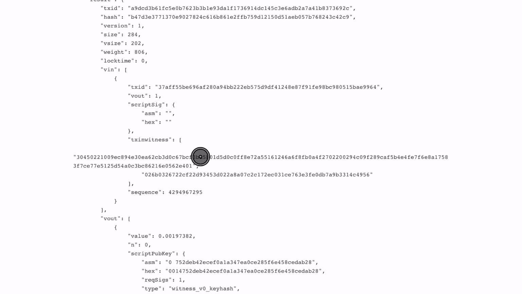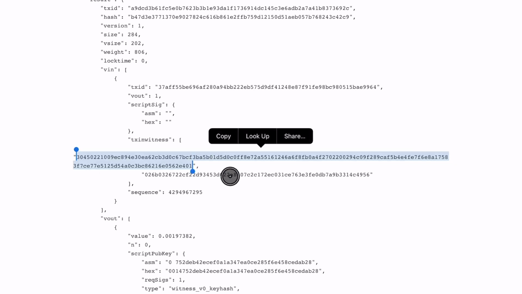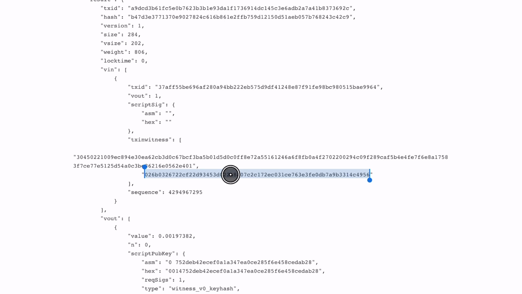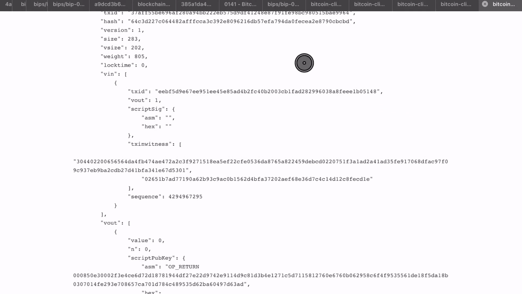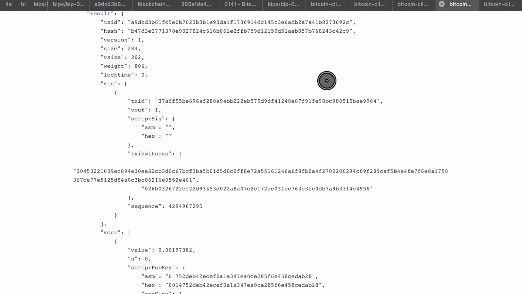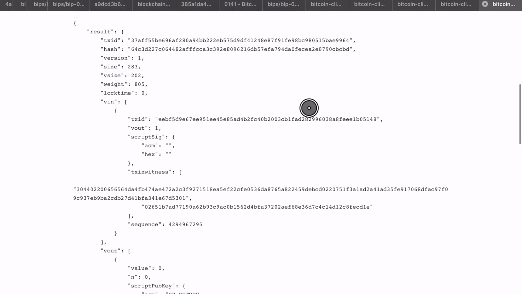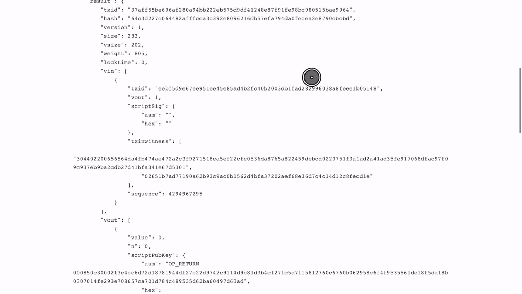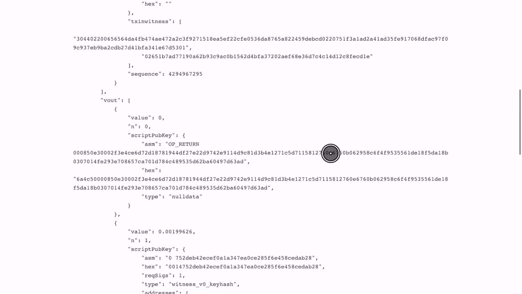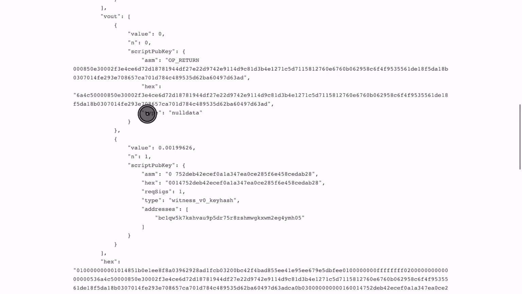One is the signature, and the other is the public key. So this input references this one, 37AF. Yes, it references this transaction, index 1. So let's take a look at this output index 1.